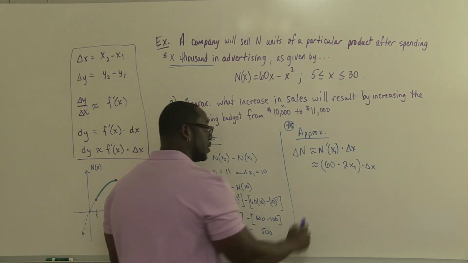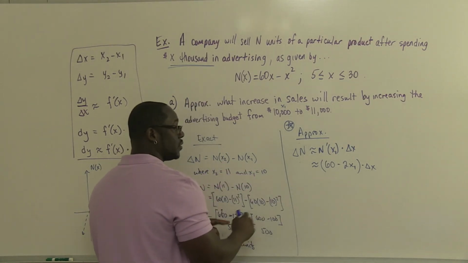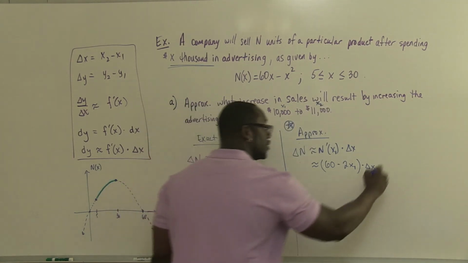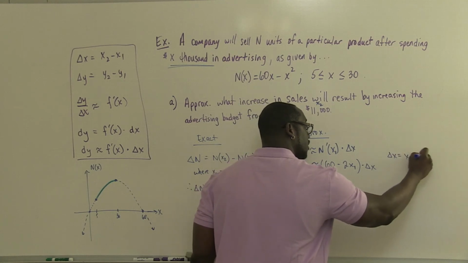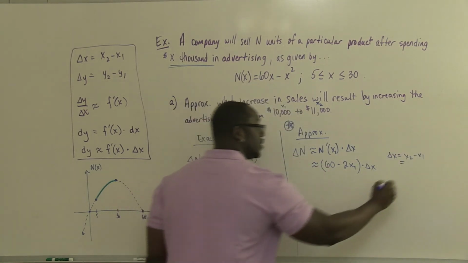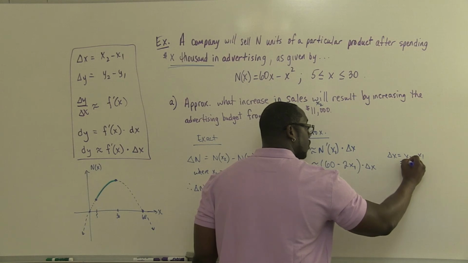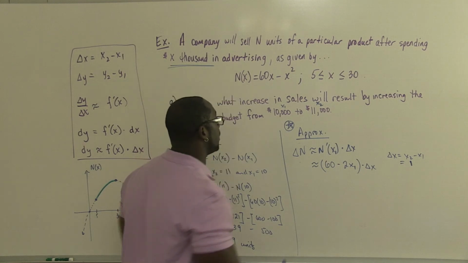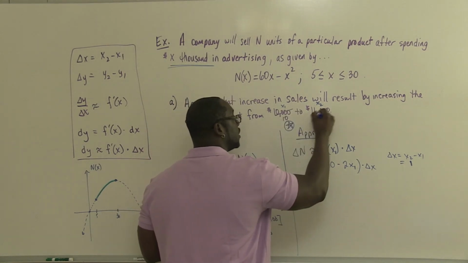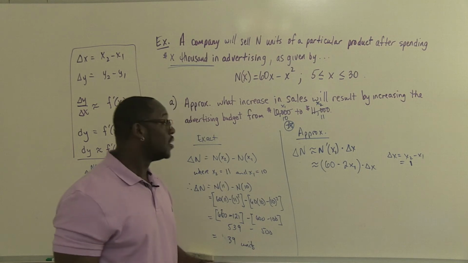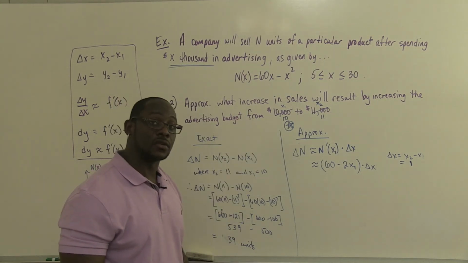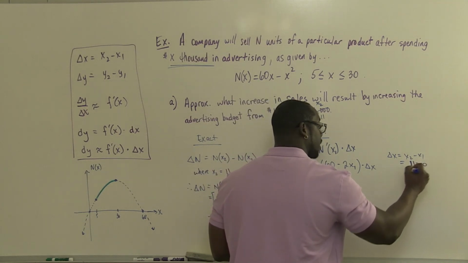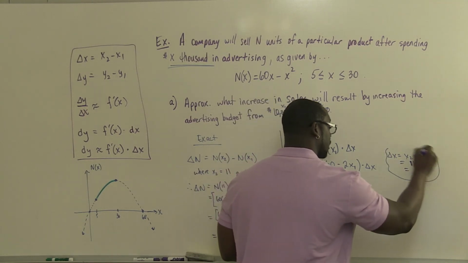Now, here we notice that the delta x is going to be the difference between x1 and x2. So in terms of how this is written, this should actually be 10 and that should actually be 11 if we're doing everything in thousands of dollars. The difference between them would be 11 minus 10, which is 1.